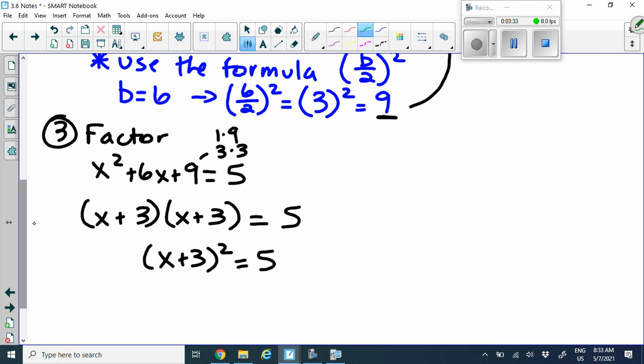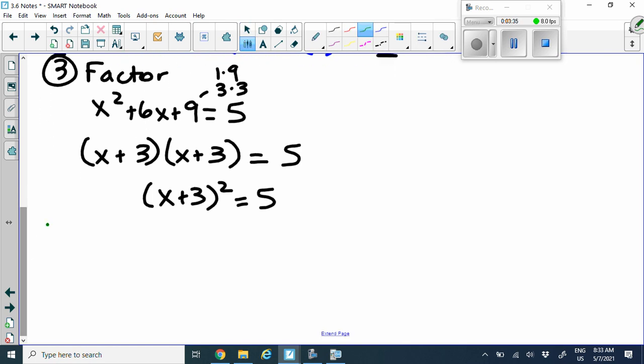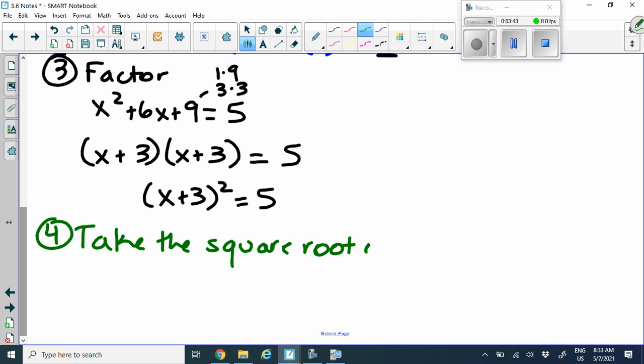Now, I'm going to go ahead as my next step is take the square root on both sides. Okay, so I have x plus 3 squared equals 5.